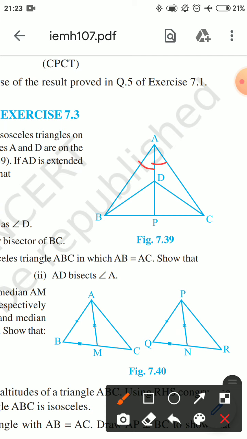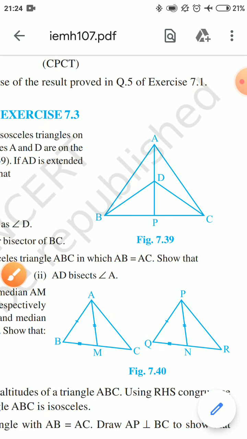First we will see if it bisects angle A or not.